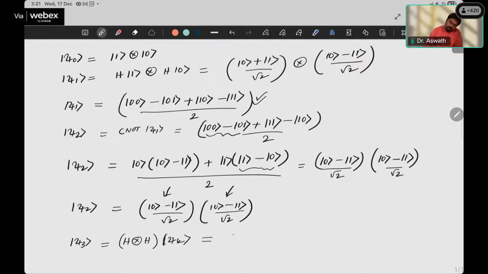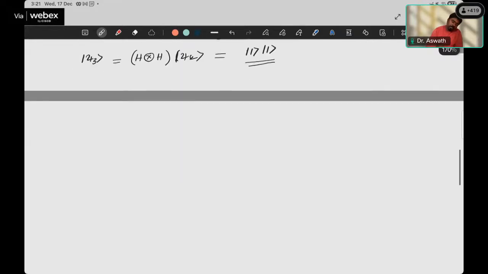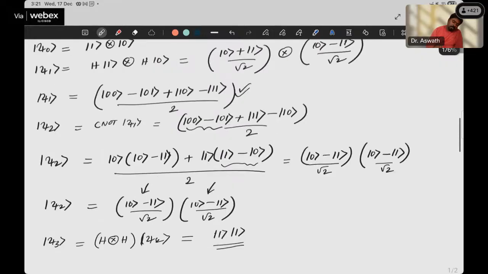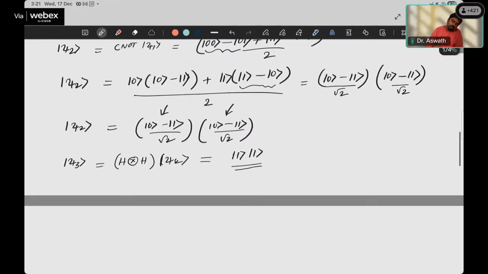What do I get? 1 ket and 1 ket. You see, 1 ket I got. So what did I start with? I started with 1 0 and I was left with 1 1 1.